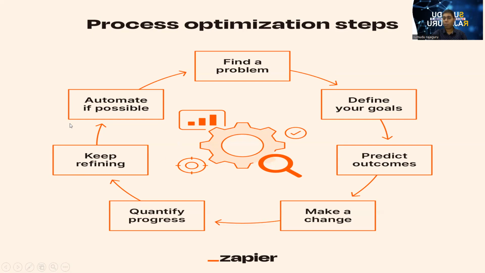It is called keep refining. Then finally, automate if possible. Whatever changes we have done on our process, if we can automate them. So this is the usual cycle of process optimization. We can say these are the process optimization steps.